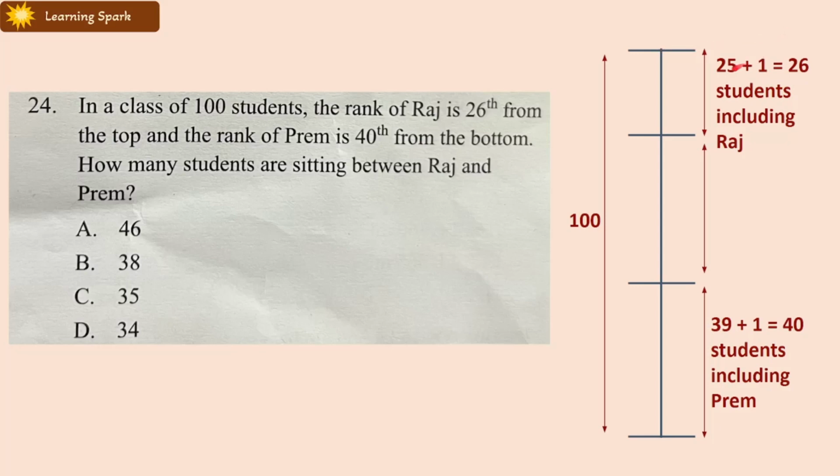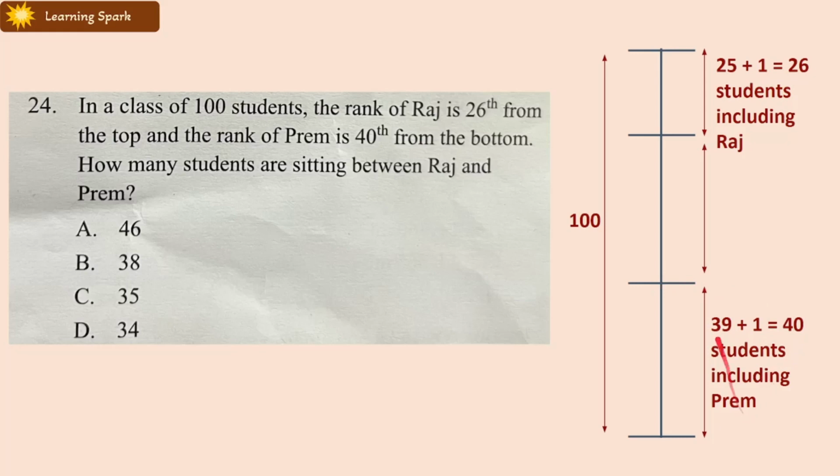So total 25 plus 1, 26 students, including Raj. Similarly, if we start from bottom, it says Prem is 40th from the bottom, right? 40th means there are 39 students and then there is Prem. Okay, so total 40 students including Prem.